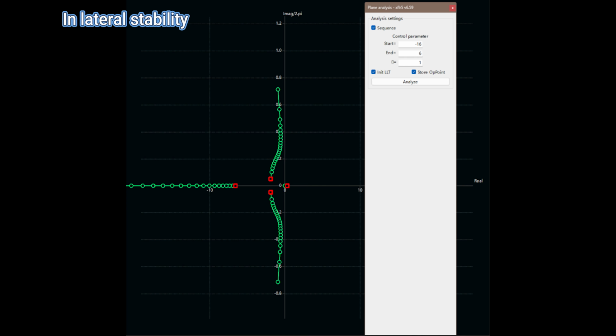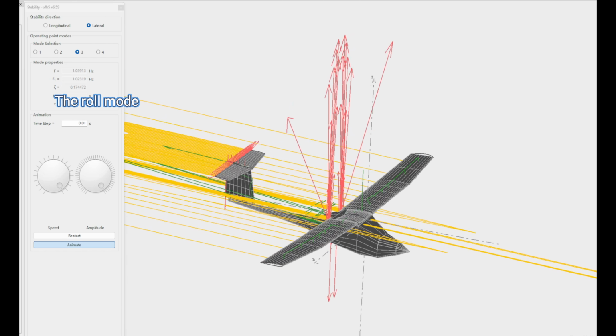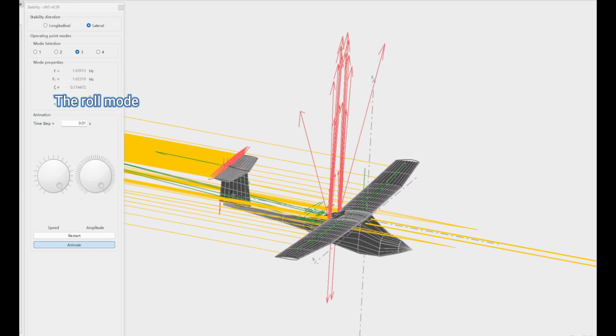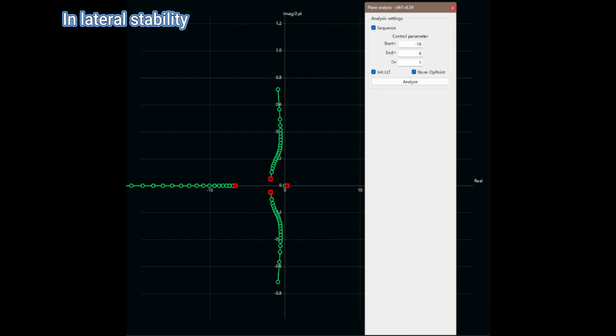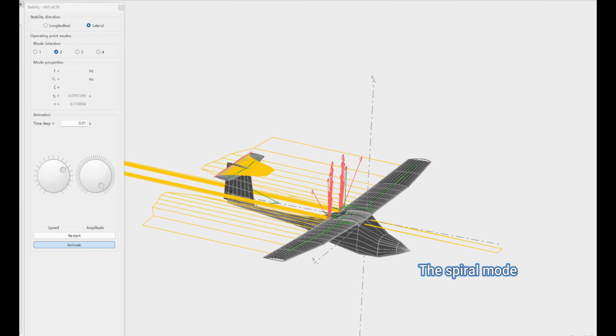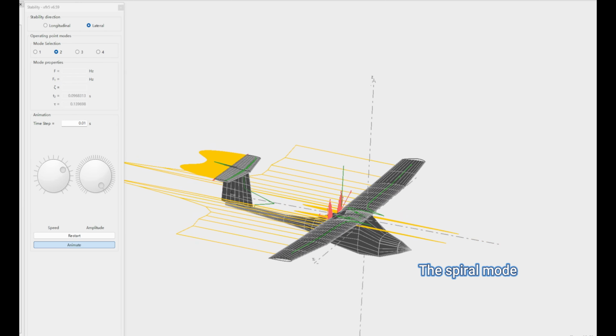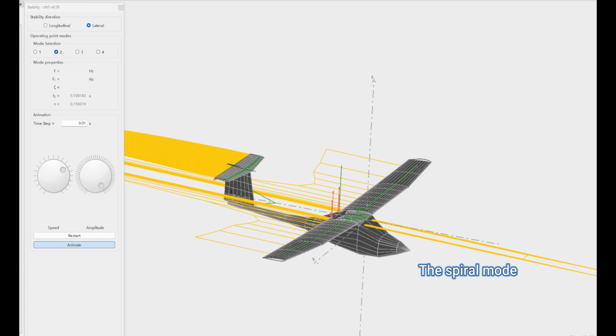In lateral stability, there are 3 modes. The one farthest to the left is the roll mode, a purely real root indicating ample roll damping. The mode closest to the center is the spiral mode, slightly to the left of the imaginary axis, showing weak spiral stability. At large bank angles, there is a very slight divergence tendency, but it can be corrected quickly with trim.